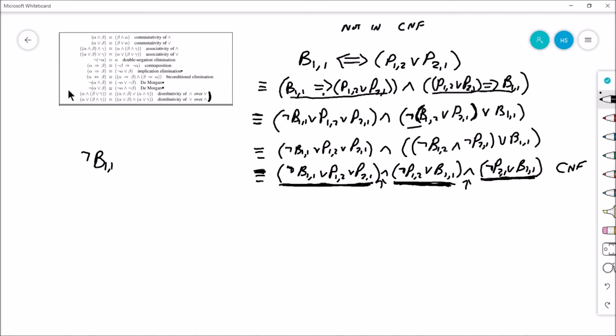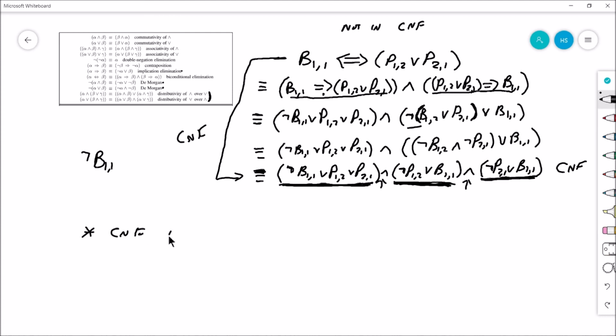Let me just summarize, because we threw some terms at you. That original sentence has been converted to conjunctive normal form, CNF. Now let me throw some notes at you here.